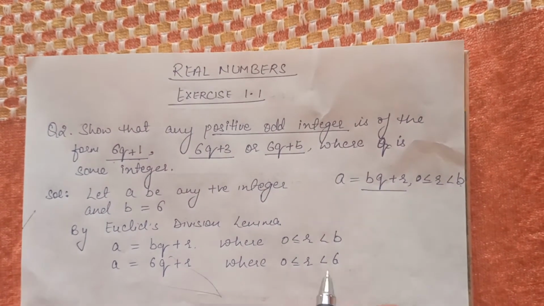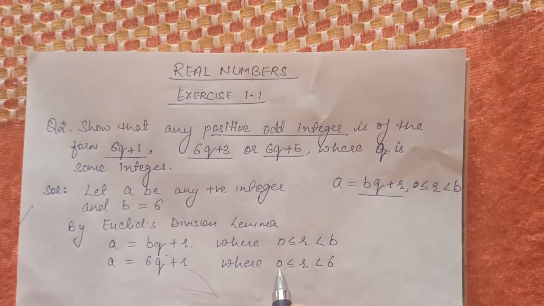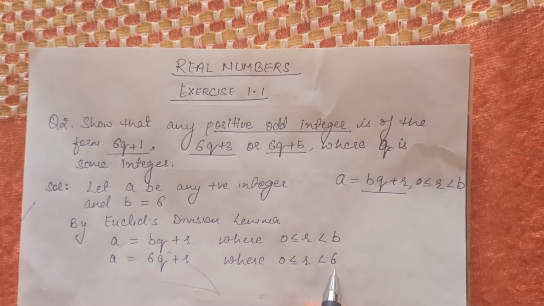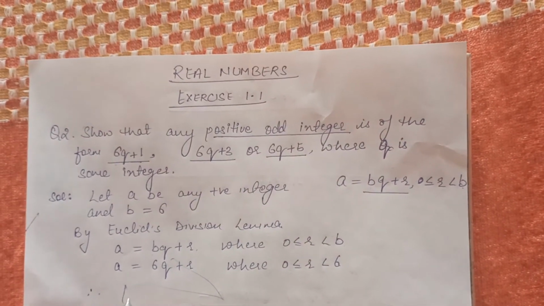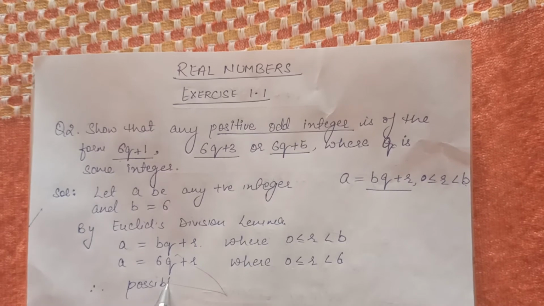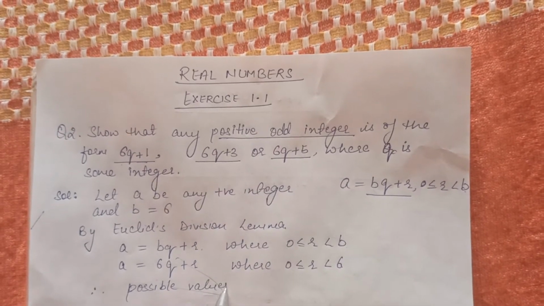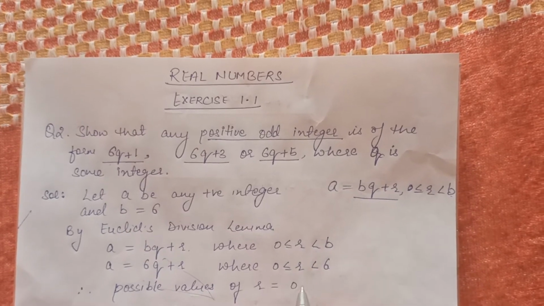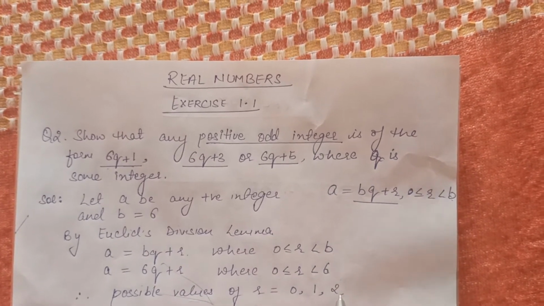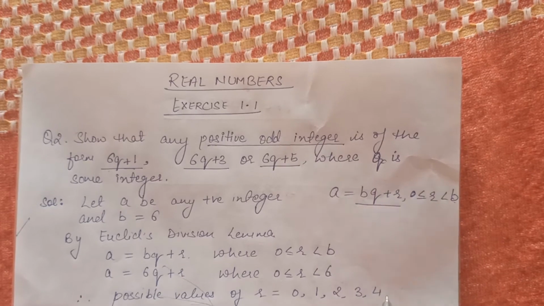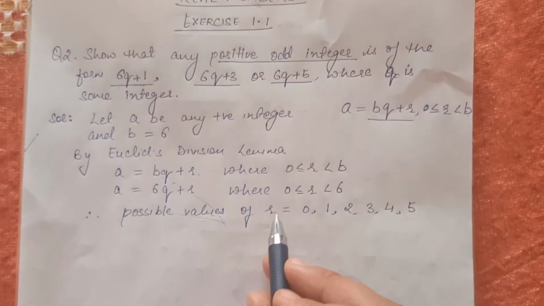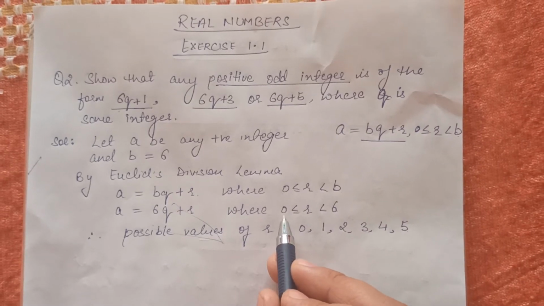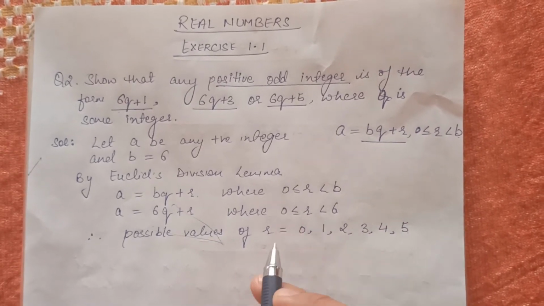What does it mean? It means that our remainder can be 0 or it can be greater than 0, but it will be less than 6. Therefore, possible values of r are 0, 1, 2, 3, 4 or 5. r can take these possible values because r lies from 0 to less than 6.